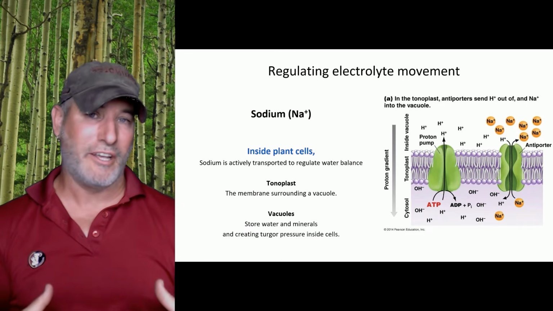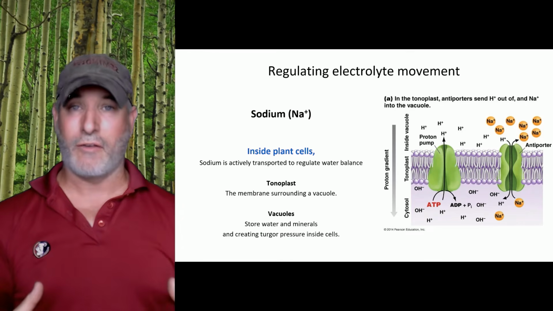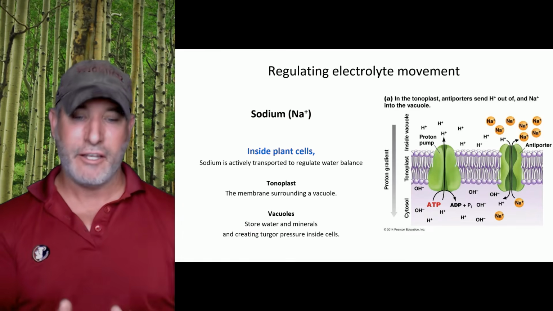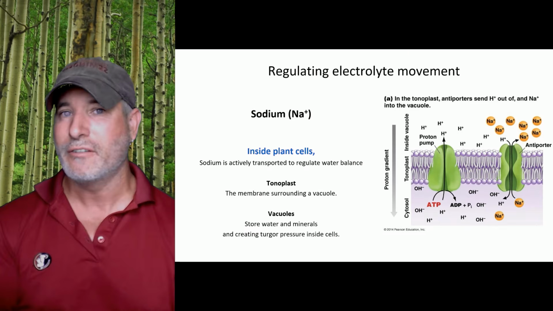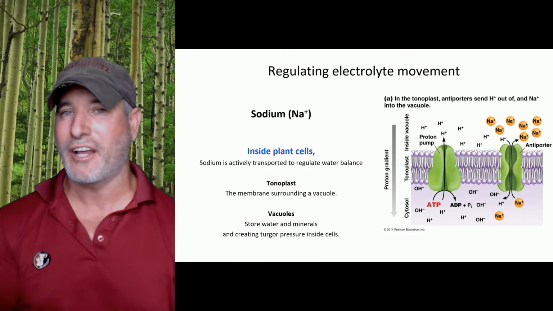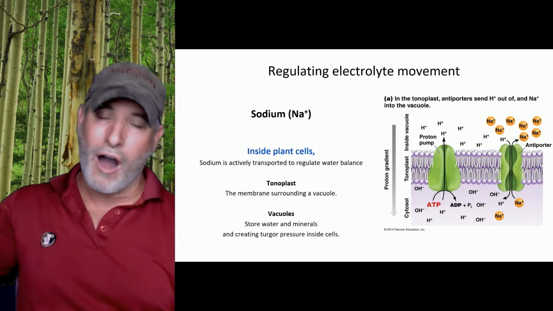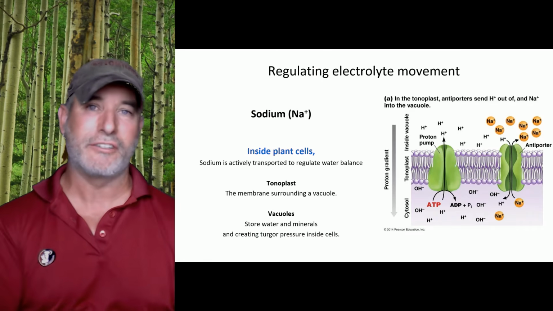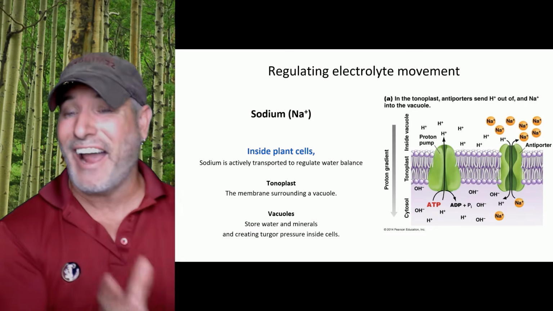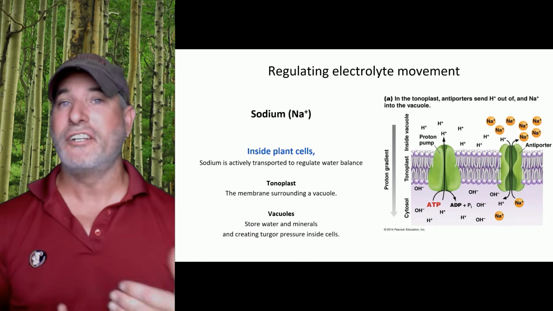plants need to uptake water, right? And one way you can uptake water in a dry environment is you lower the water potential inside the cells. And by lowering the water potential inside the cells, water will flow from the soil into the cells, right? And even inside of cells, plants need turgor pressure.